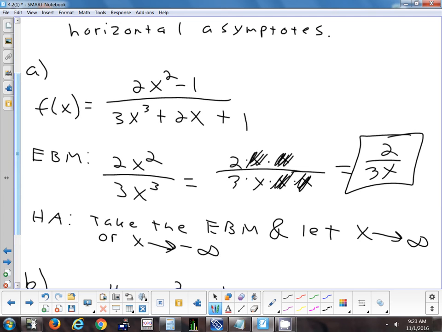You're going to get the same result. So the first step in finding a horizontal asymptote is find the EBM, and then take what you just found and let x get really big.